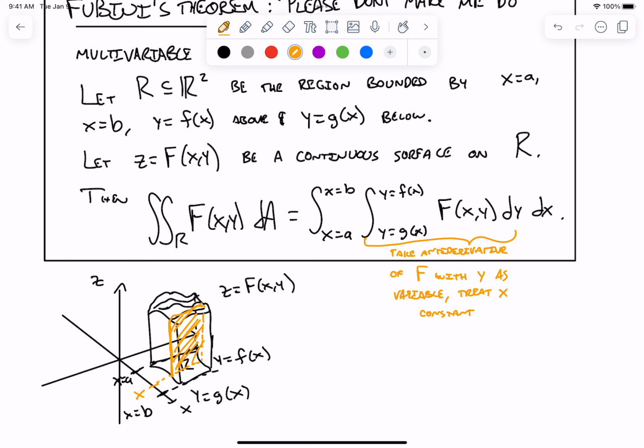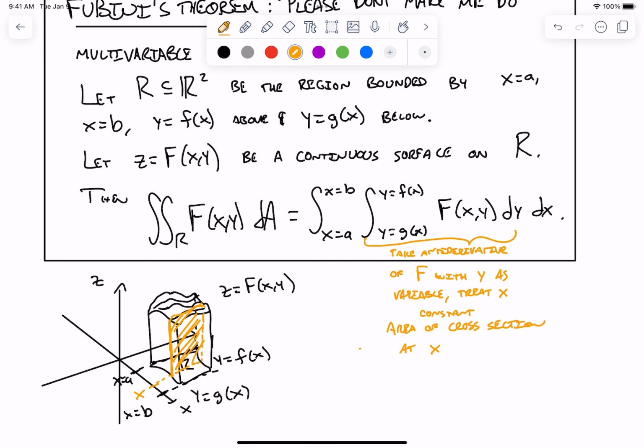This should look very similar if you've seen volume by cross sections. It's very similar to what you do when you do cross sections. It's just a little more general. So this essentially would be the area of the cross section of our solid at x. So this should give you some formula in terms of x once you calculate this.